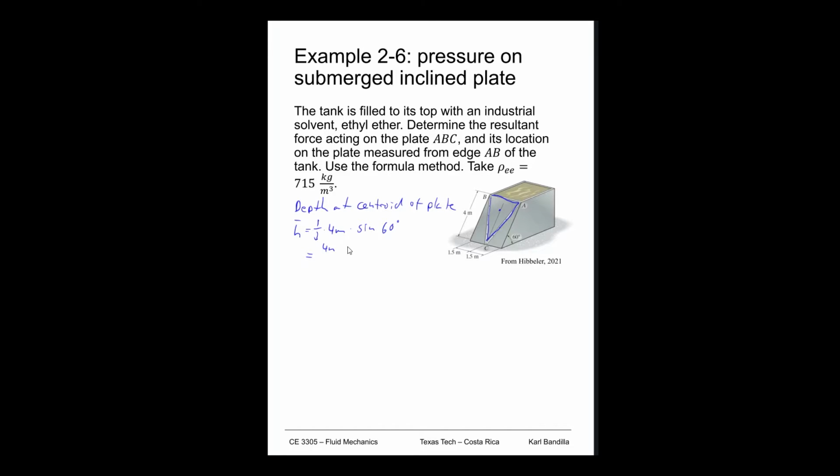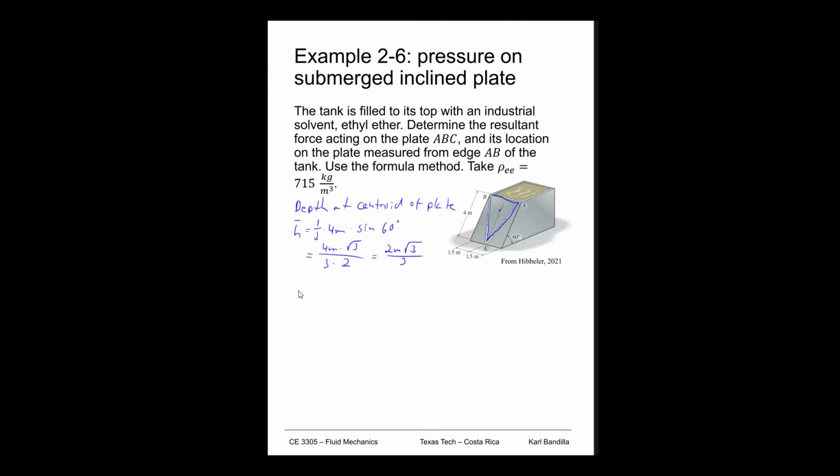Sine 60 is square root of 3 over 2, so we get 2 meters times square root of 3 divided by 3. Of course, we could calculate that out, but I prefer to leave it like this because with the square root of 3, we already know we're not going to get any kind of good numbers.